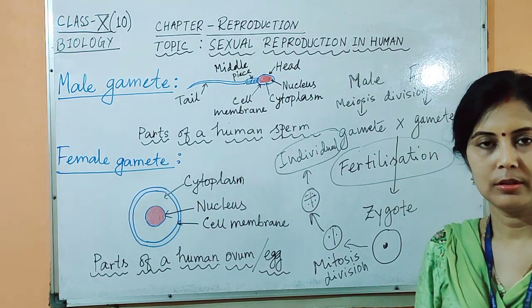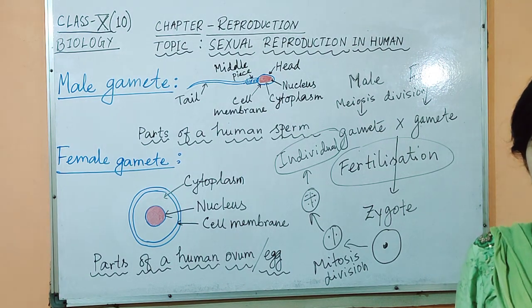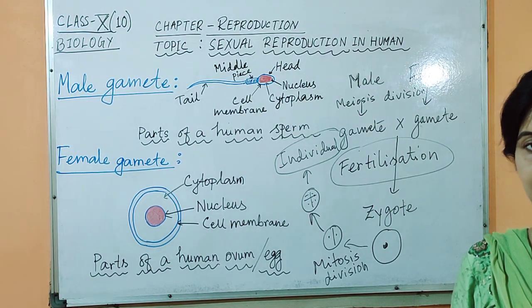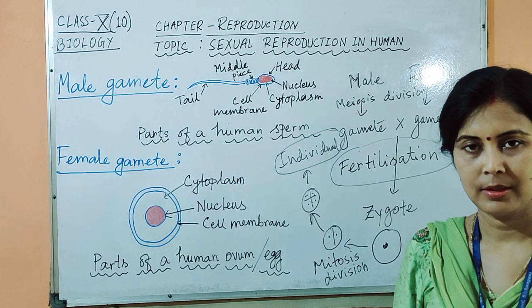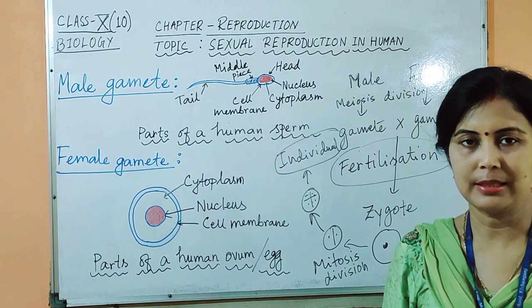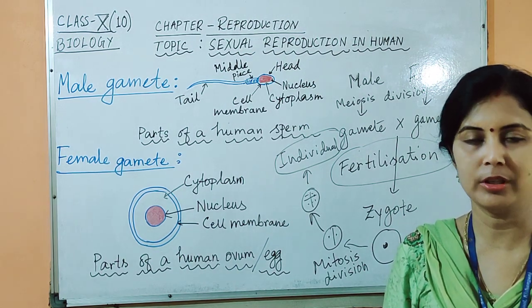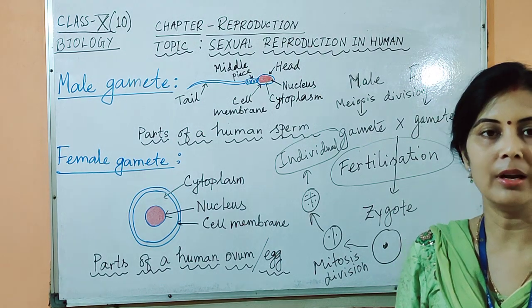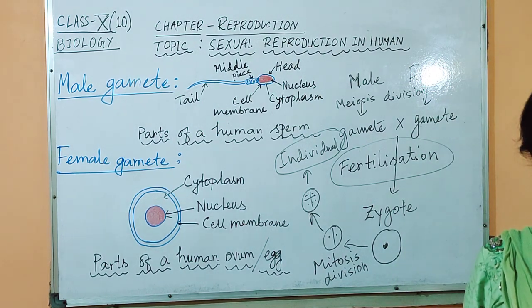So the zygote, once formed, divides repeatedly by the process of mitosis, in which one cell divides into two equal daughter cells, with equal amount of material in them.